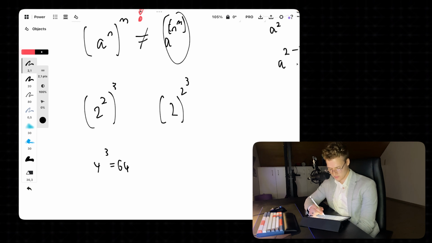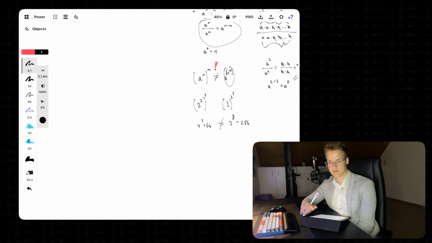Now, we have 2 to the power of 3 is 8, so we have 2 to the power of 8, and 2 to the power of 8 is 256. So you see how they're not the same, okay?